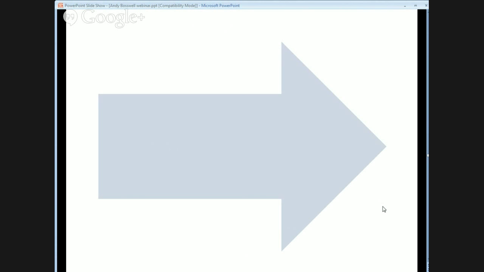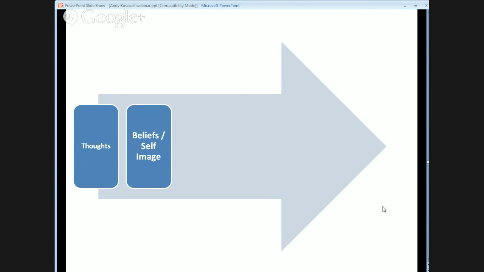Okay, so every single result starts with a thought. Okay? And if you have similar thoughts about something, they will become your beliefs. Okay, so if you've more than one reference, it will start to create your beliefs. And your beliefs start to create your self-image, how you perceive yourself, how you come across.